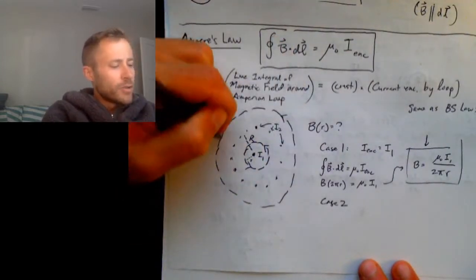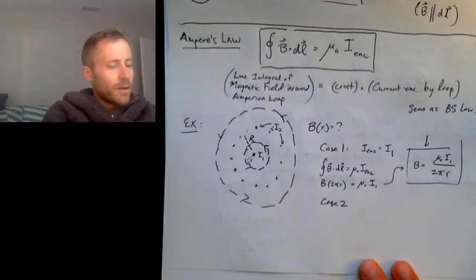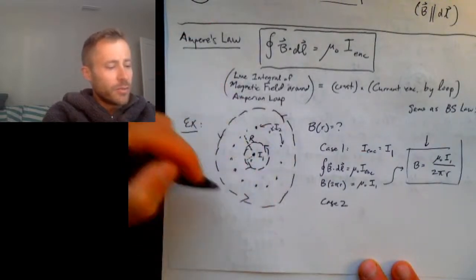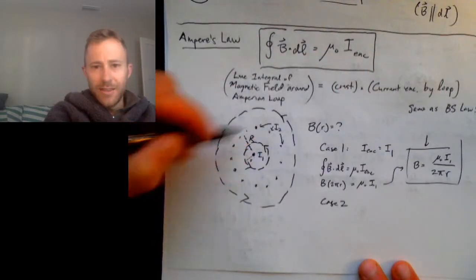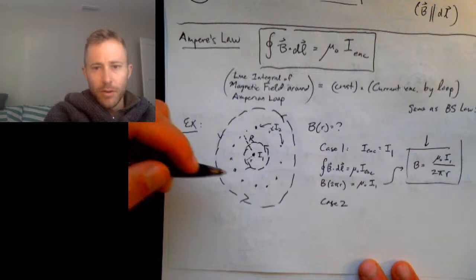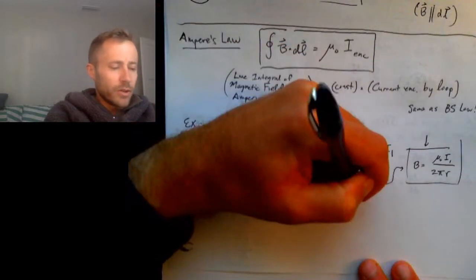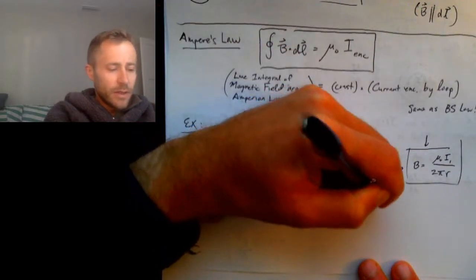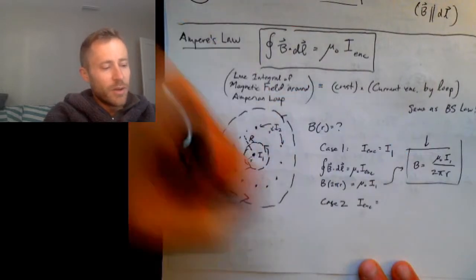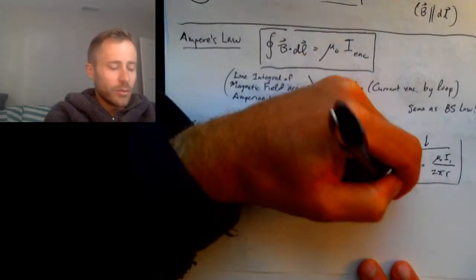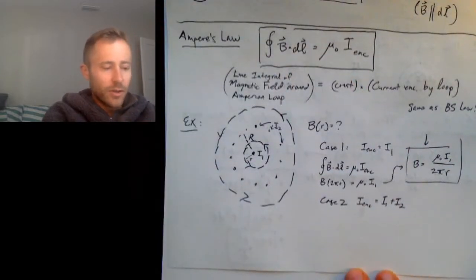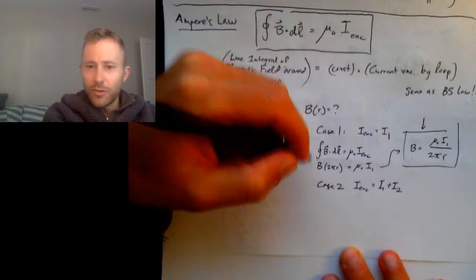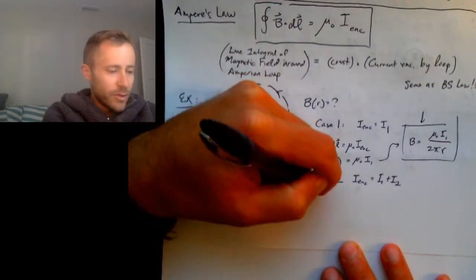Okay, so now this larger loop is enclosing both the inner current and the outer current. All right, so the current enclosed is going to be the sum of those two, which would be I1 plus I2.